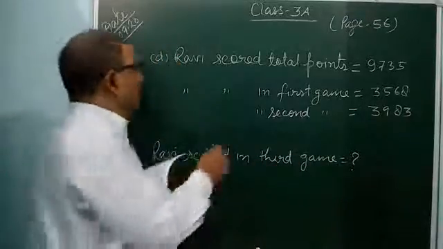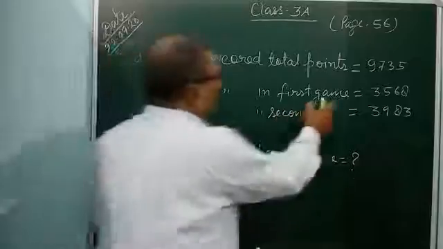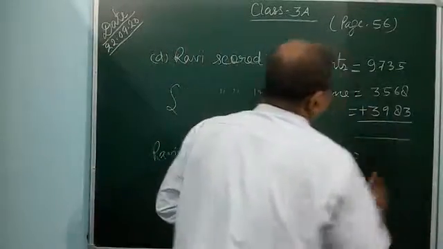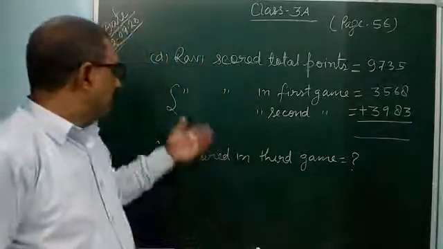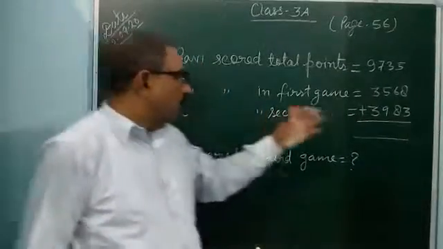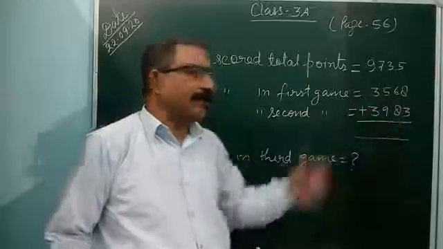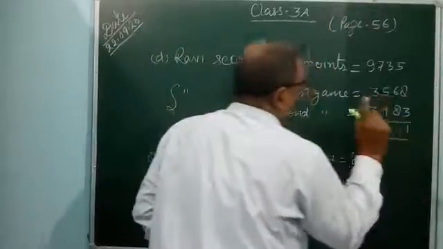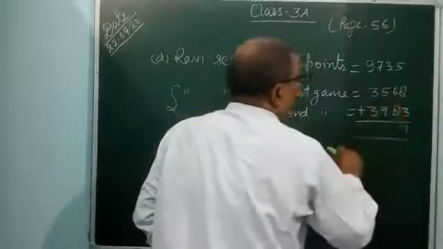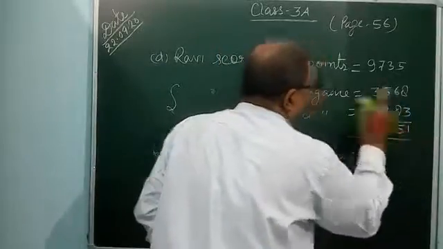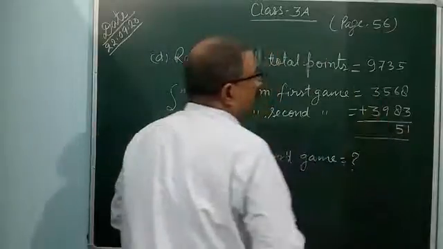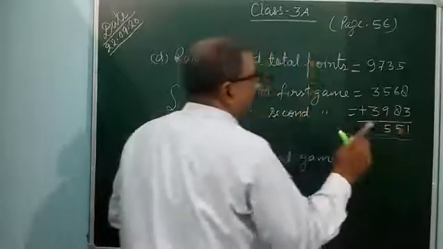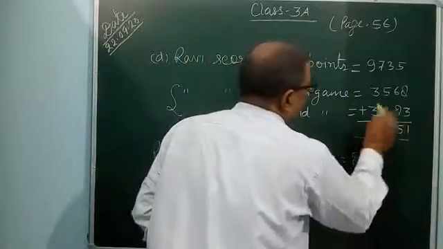So firstly, you take the addition of the first game and second game, the total points Ravi scored. You can take a sum: 8 and 3, 11, 1 carry, 8 and 6, 14 and 1, 15, 1 carry, 9 and 4, 14 and 1, 15, 1 carry, 3 and 3, 6 and 1, 7.